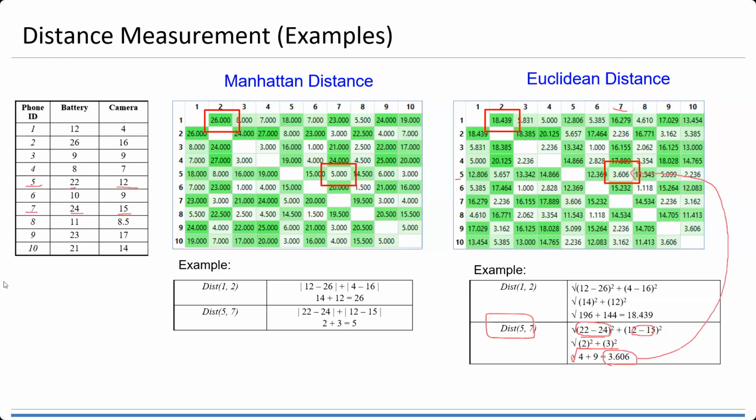Now, my question is, is the distance from data 1 to 2 equal with the distance from 2 to 1? Is it the same or not the same?